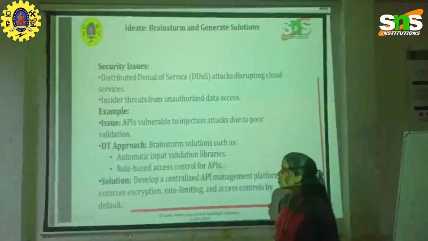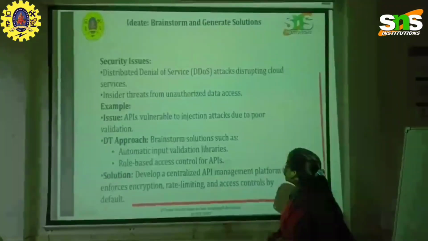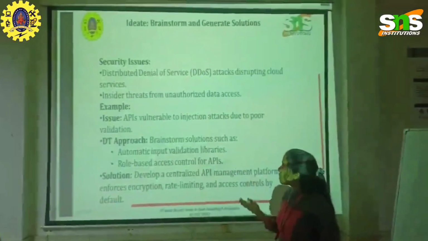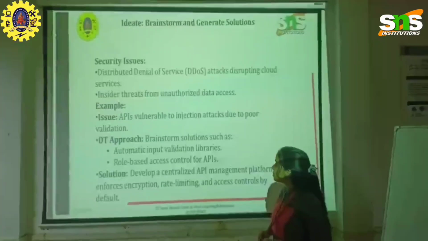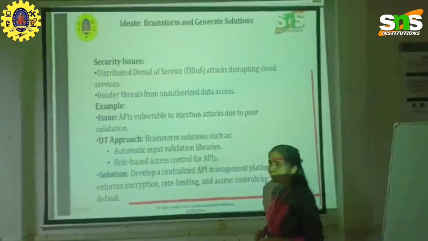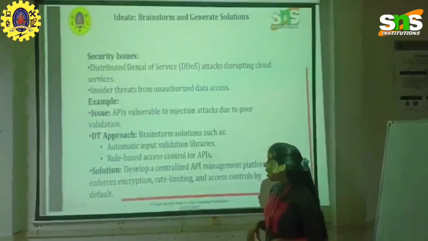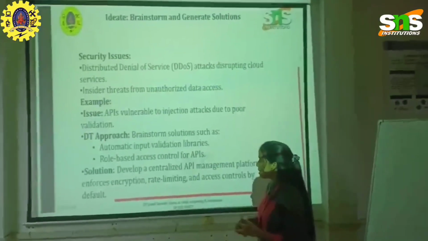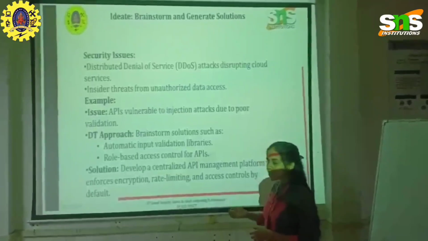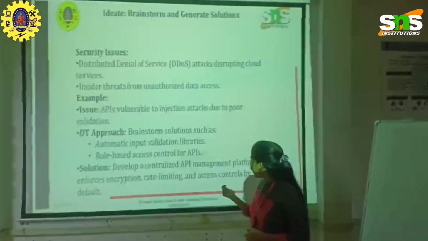Brainstorm and generate solutions. Security issues: distributed denial of service attacks disrupting cloud services, and insider threats from unauthorized data access. For example, the issue: an API is vulnerable to injection attacks due to poor validation. DT approach: brainstorm solutions such as automatic input validation libraries and role-based access control for APIs. Solution: develop a centralized API management platform that enforces encryption, rate limiting, and access control.